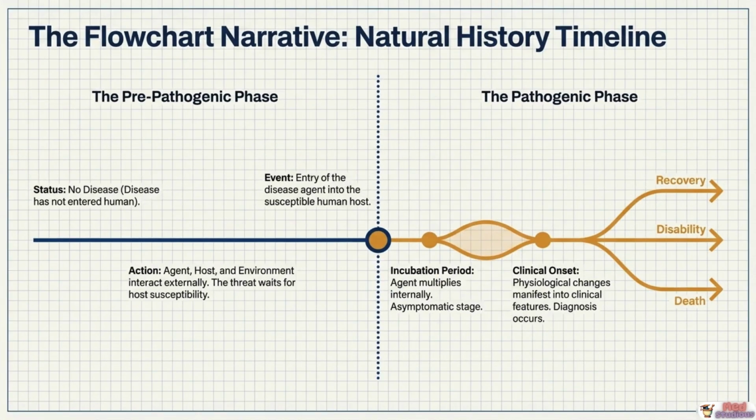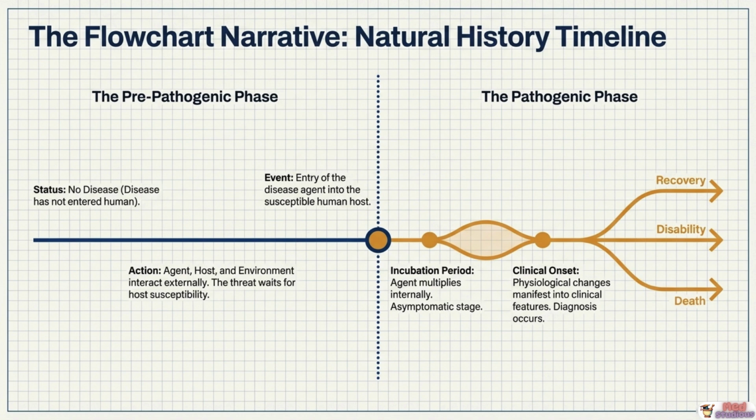The natural history of disease unfolds across two distinct phases, divided by the critical event of agent entry into the host. The first phase is the pre-pathogenic phase, the period before the agent has entered the human host. In this phase, the disease does not yet exist within the person. However, the conditions for disease are being assembled.